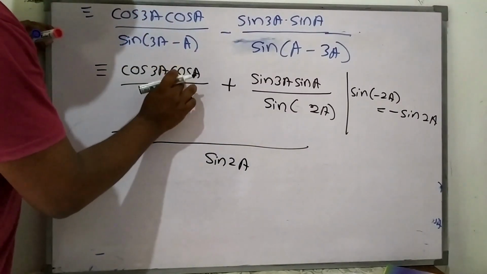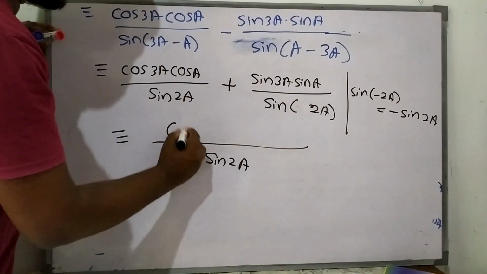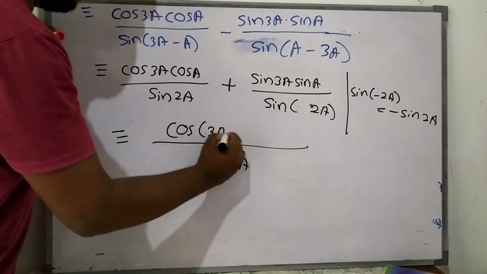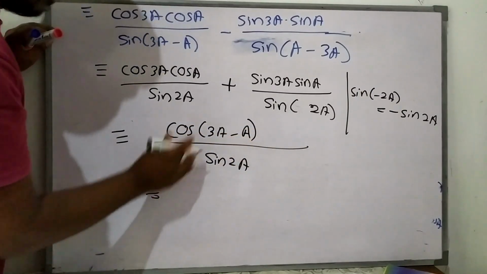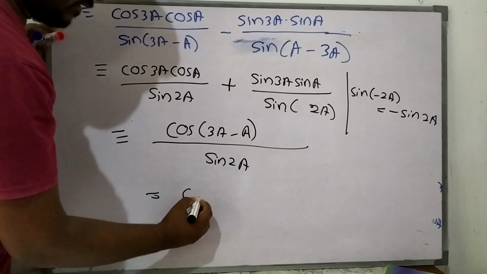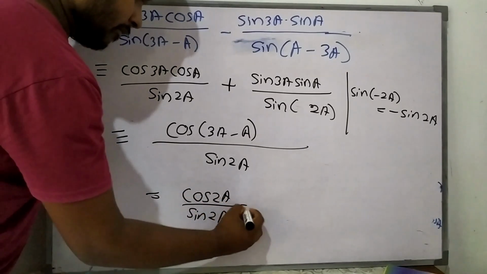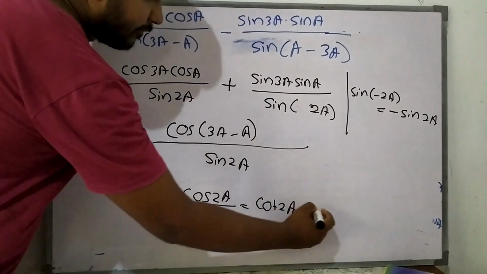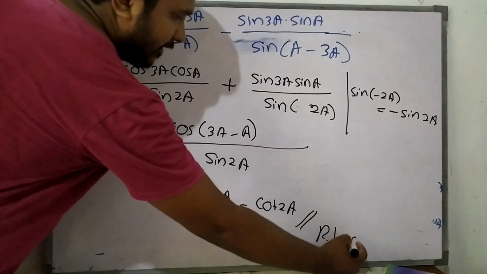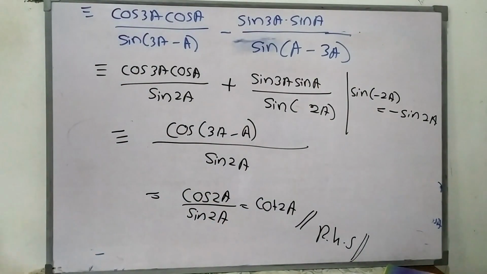Cos 3A cos A plus sin 3A sin A, so this is cos 3A minus A. So this is cos 2A over sin 2A, which is cot 2A. Right, yes?